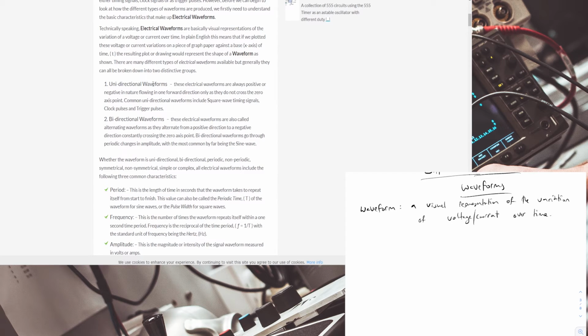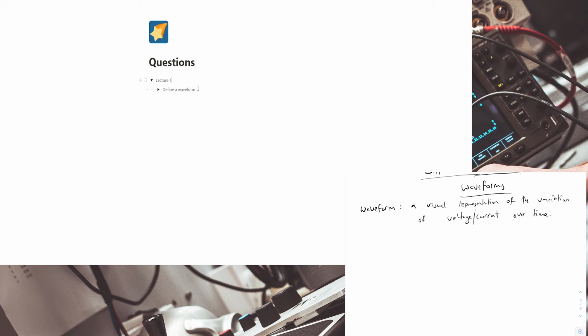Okay, so unidirectional waveforms and bidirectional waveforms. Okay, let's do this. What are the 2 types of waveforms?